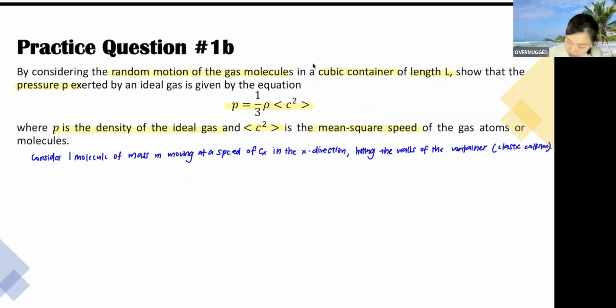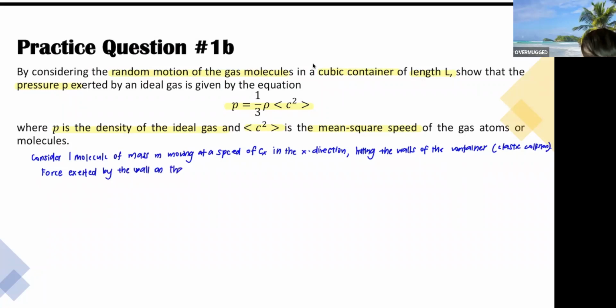Because if you want to actually find the pressure, you will need to find, that means that the gas molecules are actually hitting the walls of the container, since pressure is force per unit area. Understand? So, if we assume that the collision is elastic in the case of ideal gas, then we can find out what is the force exerted by the wall on the molecule.